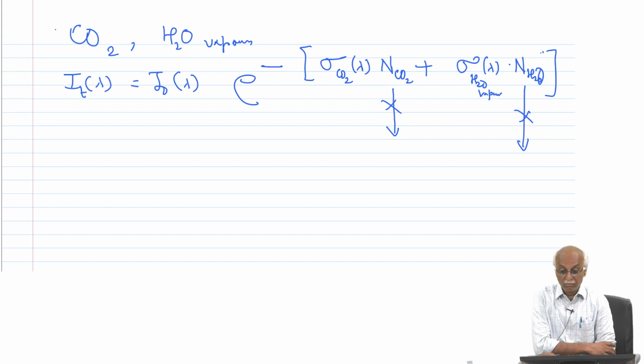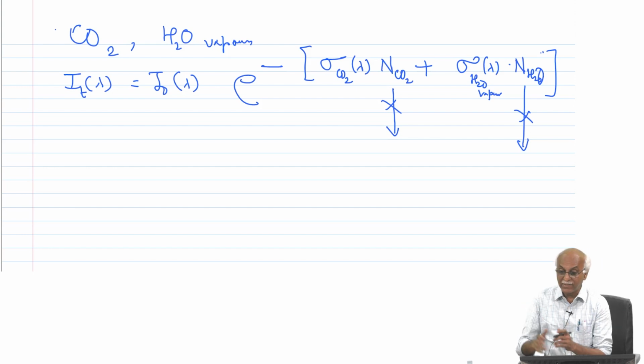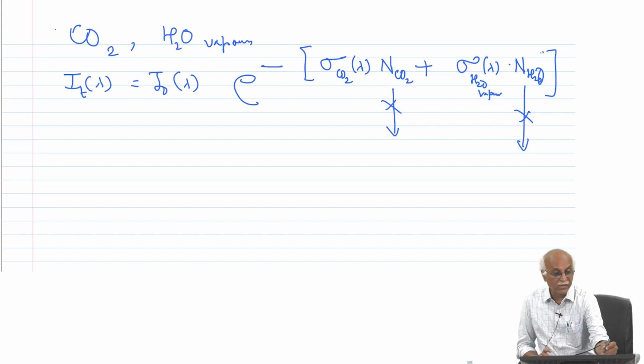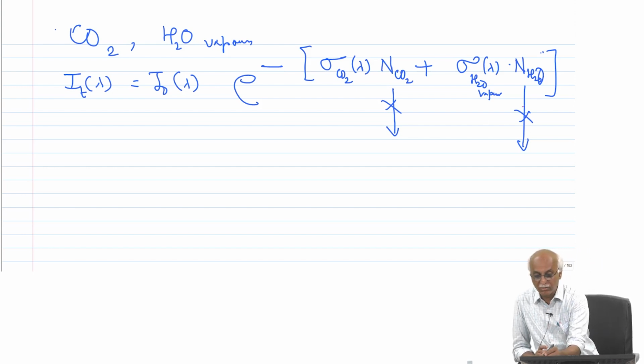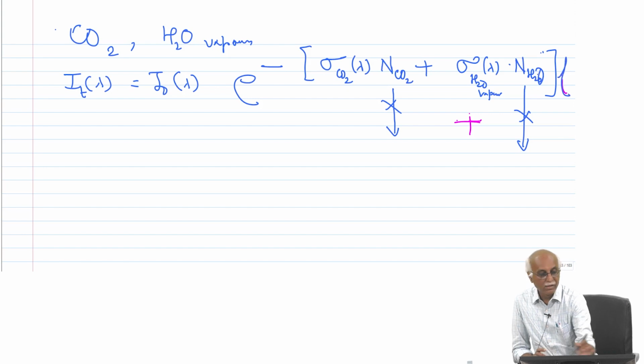Another aspect is related to scattering. Now there is scattering also coming into the picture. Here there is an L, sorry, here there is L. So plus we are writing scattering also, alpha scattering.